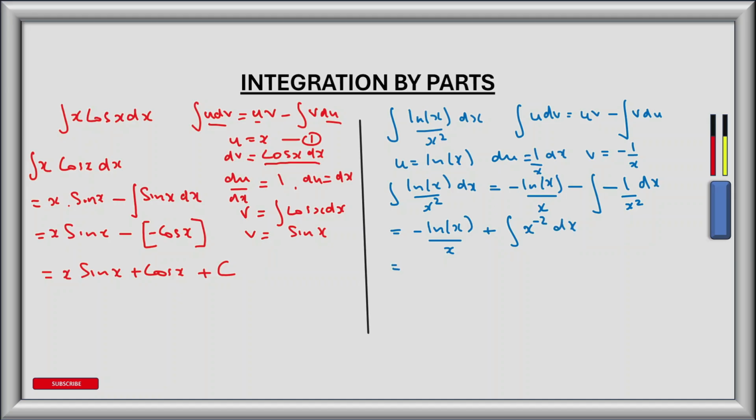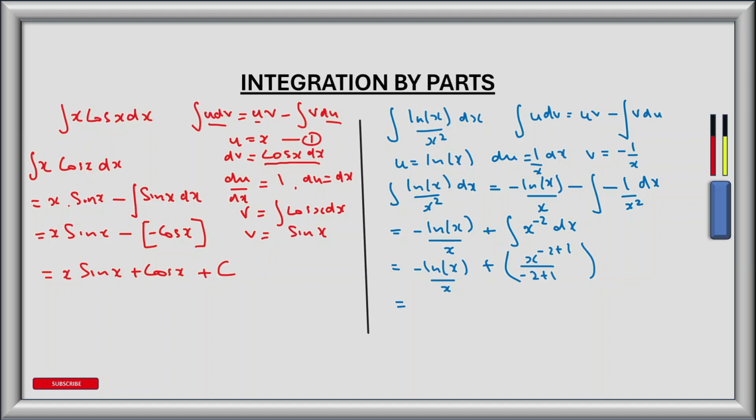So that's equal to minus log x over x plus, now we can use the power rule to resolve this integral. So this is plus x to the power of minus 2 plus 1 divided by minus 2 plus 1.